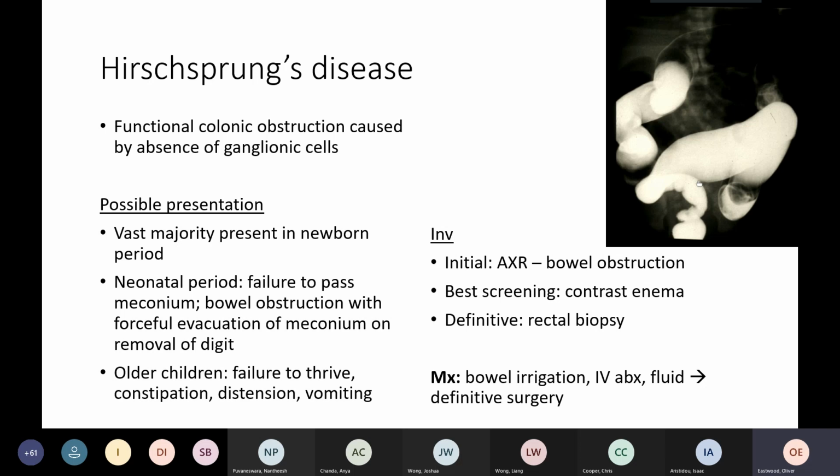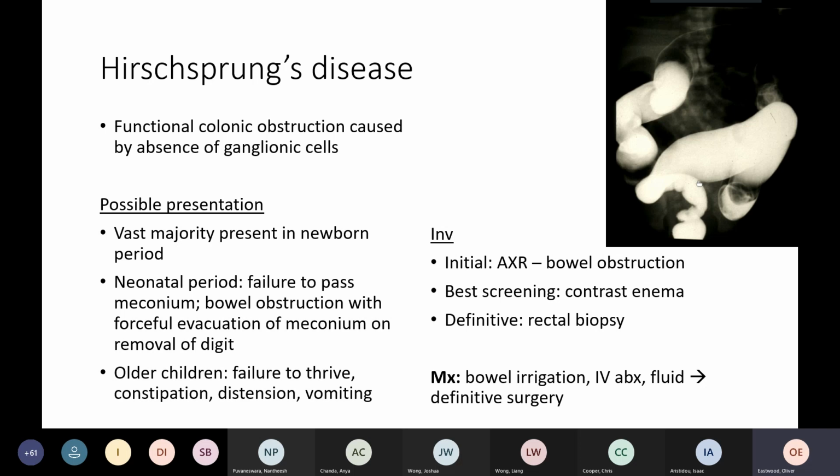Then the next best one is your contrast enema. This can show you the characteristic appearance where you get a dilated descending colon, but with a normal rectosigmoid part. You can see where the pointer is that the rectosigmoid part looks fairly standard, and then all the way beyond it you've got this very dilated chunky bowel.